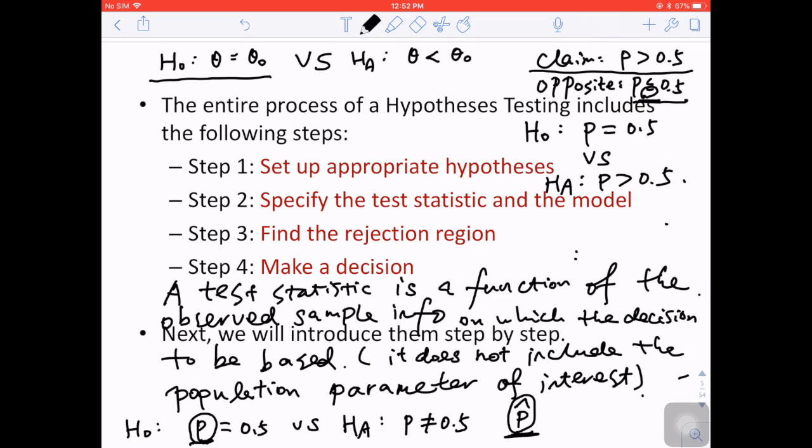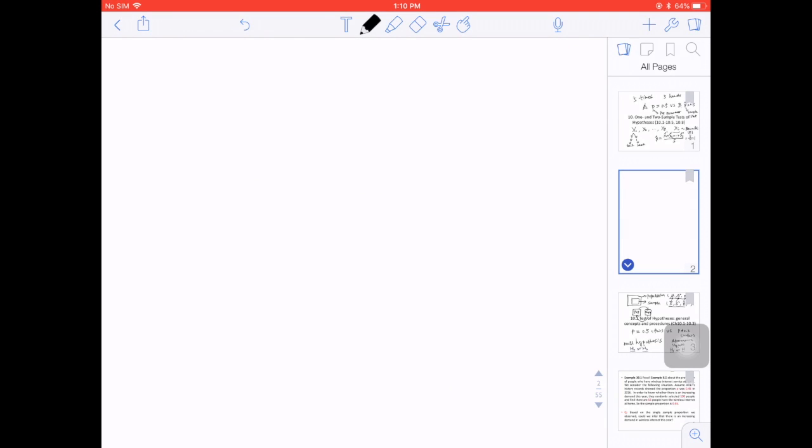The third step is to find the rejection region. Okay, so what is the rejection region actually? Now we have set up the appropriate hypothesis and we have chosen the sample statistics. So in the third step, we have to define our region of interest. So in this video, we're going to introduce you to the brief idea of the rejection region. Okay, for example, we have set up our null hypothesis. Suppose that we are interested in the American adults' average height.